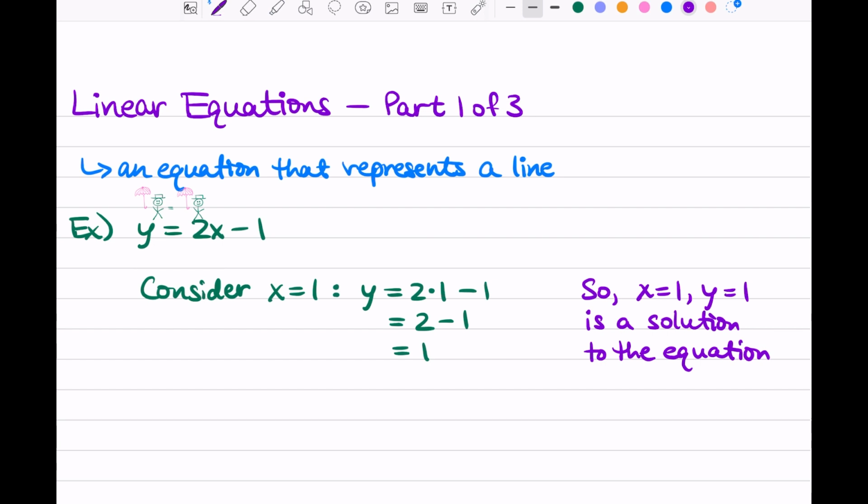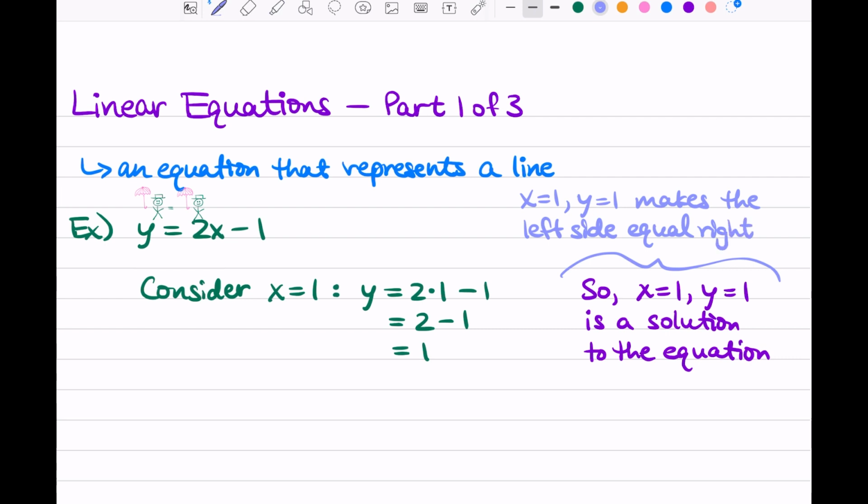What does that mean? In other words, we say that x equals 1, y equals 1 makes the left side of our equation equal the right side. We have our equation up here.